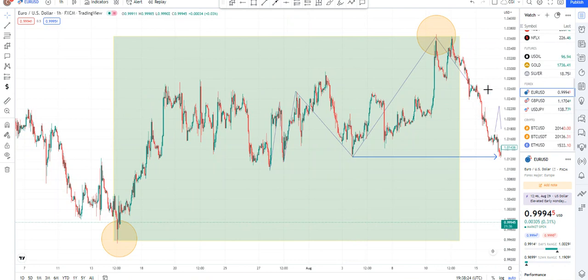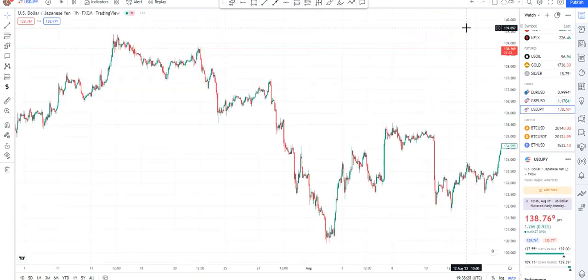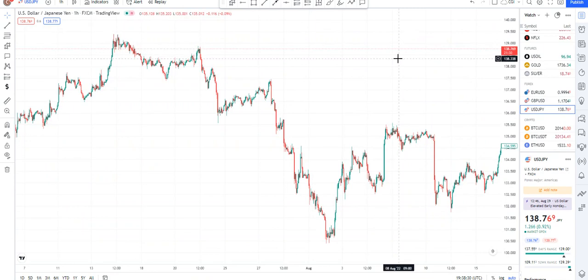What we'll do is look at Euro, we'll look at USD, JPY, and then somebody give us what you want us to look at. Okay, you guys can trade.